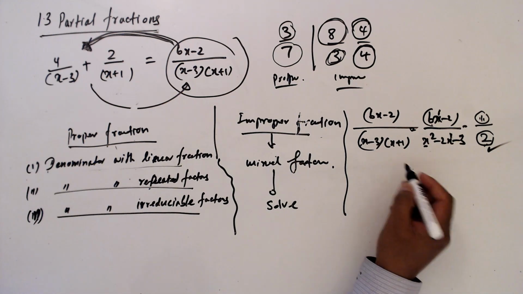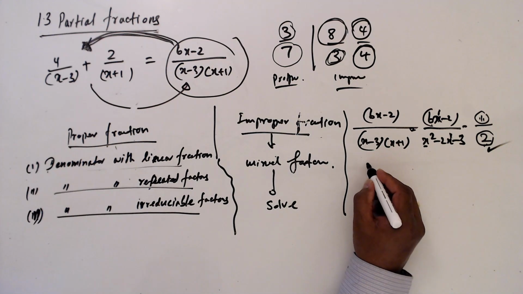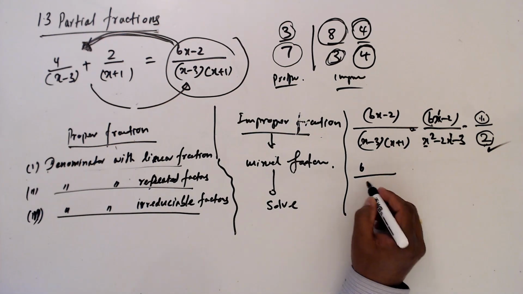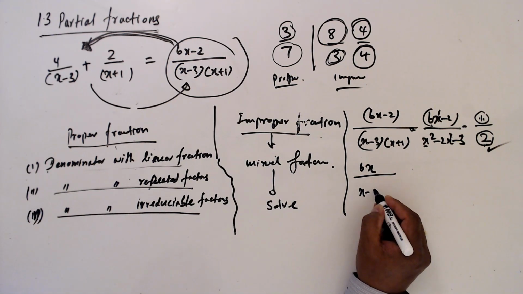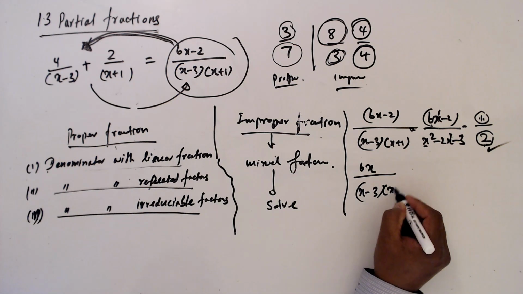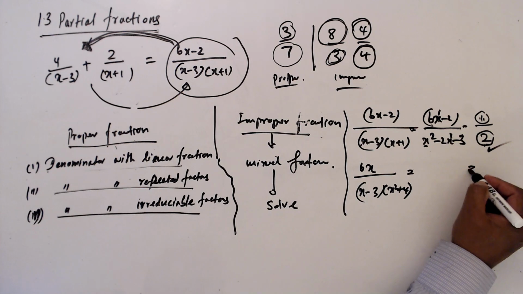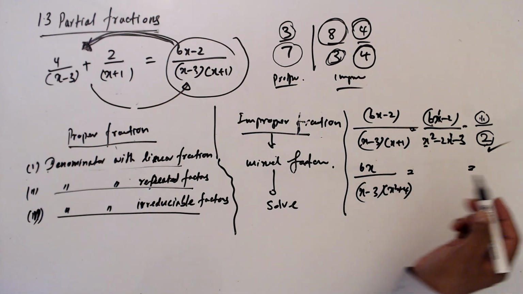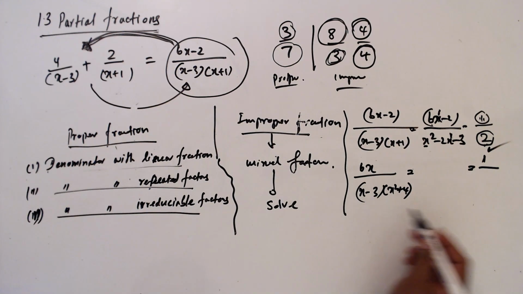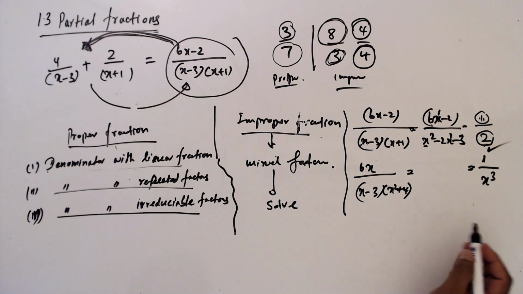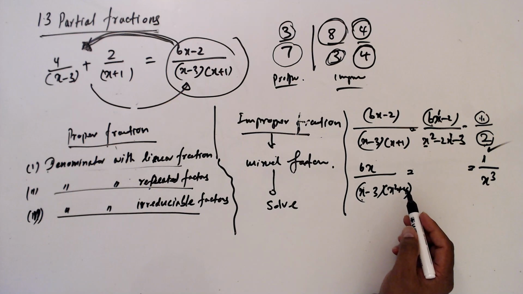Another one we'll discuss: 6x over x minus 3 times x square plus 4. On top, the highest power of the numerator is 1. On the denominator, the highest power is x cube, because x times x square makes x cube.